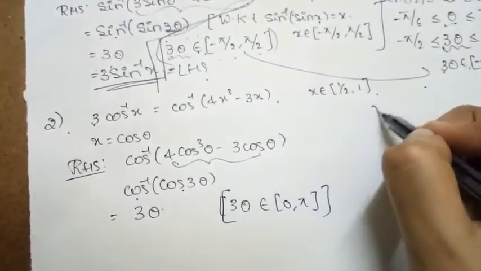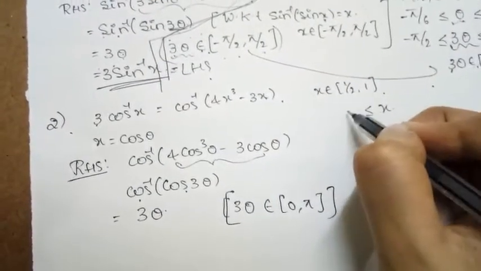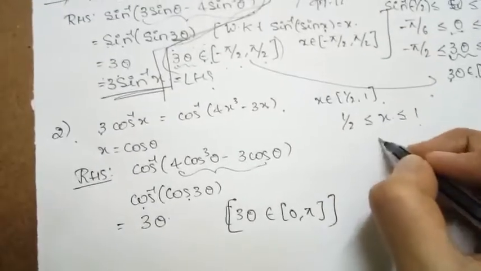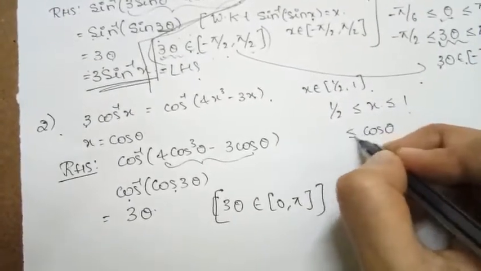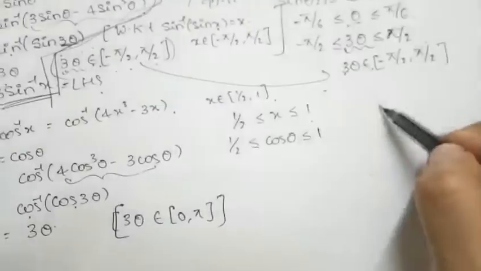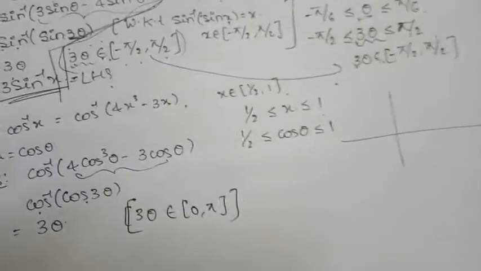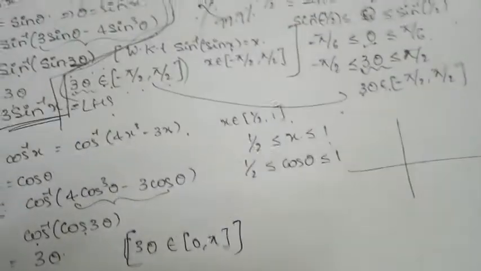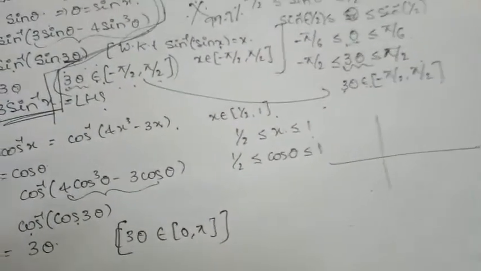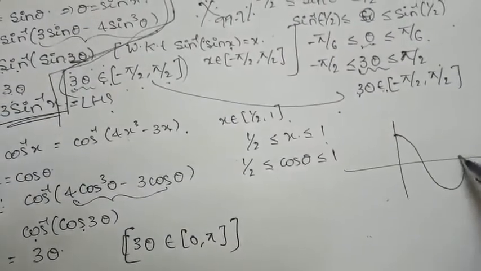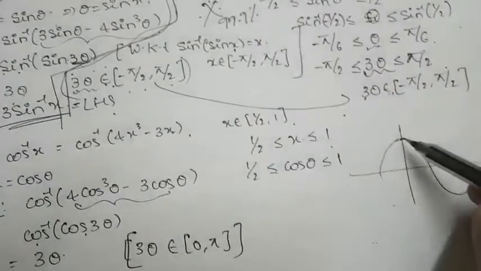So what value have they given here? Our value of x is ranging from minus 1 by 2 to 1. What is x here? The cos theta value is ranging from 1 by 2 to 1. Now I am explaining it graphically, so you should have the graphical idea also. We know the graph of cos, it will be like this, right?